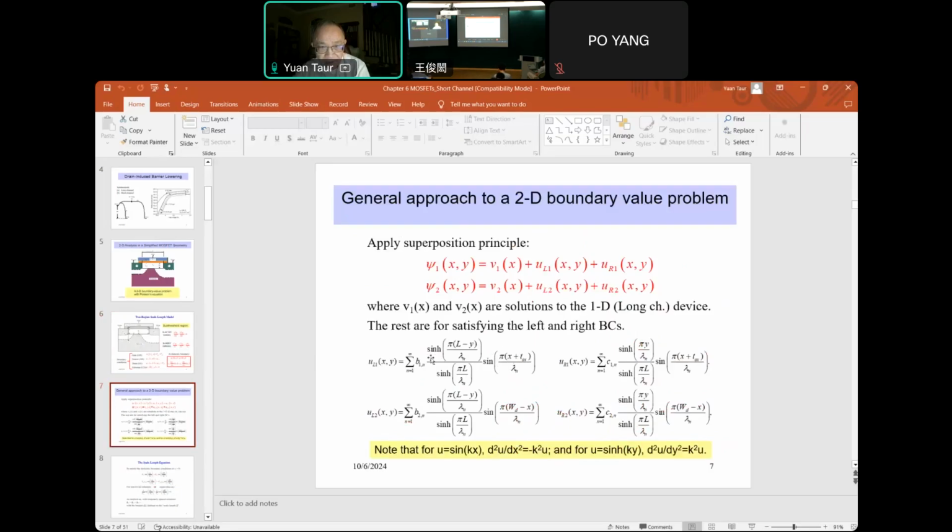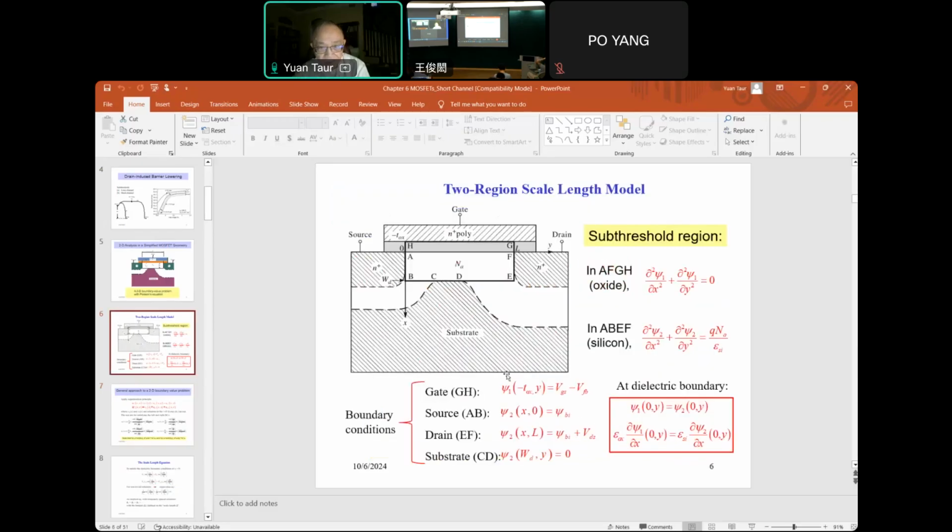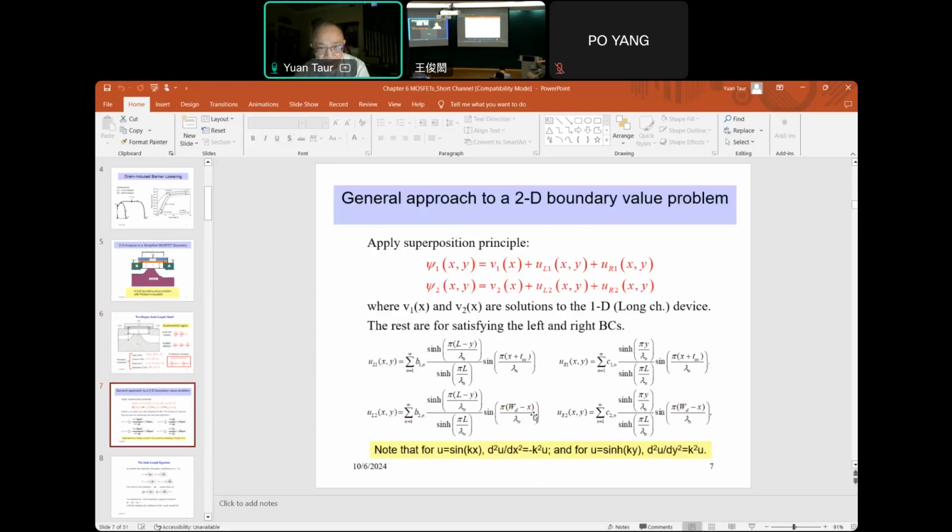Same thing here. At the bottom is psi 2, UL2 and UR2, and that's x equal to WD. When x equals WD for psi 2, that's also 0 because that's sine of WD minus x, so that's 0. And so is that.